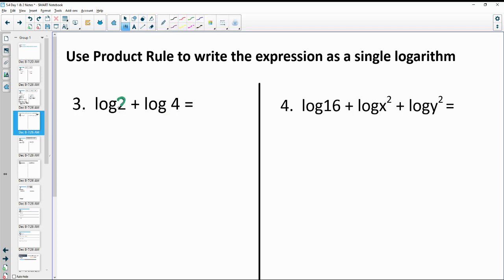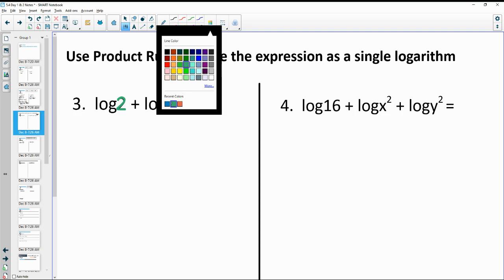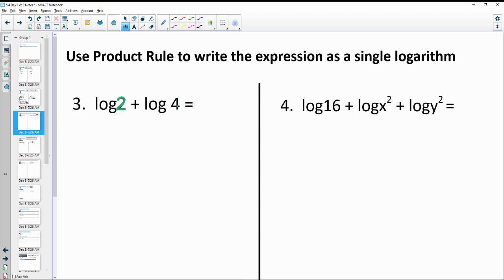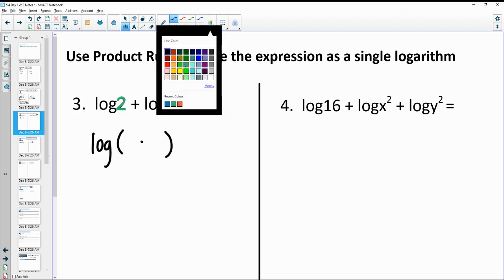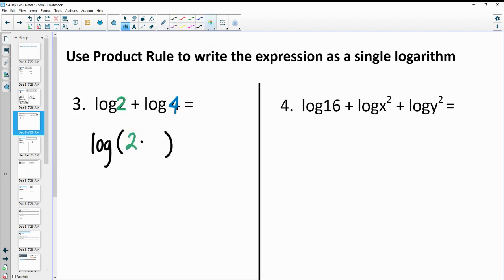So we're going to take the log of 2 plus the log of 4. We'll combine this into one log and we'll multiply those inside. So we'll multiply 2 times 4. So then this would be equivalent to the log of 8.